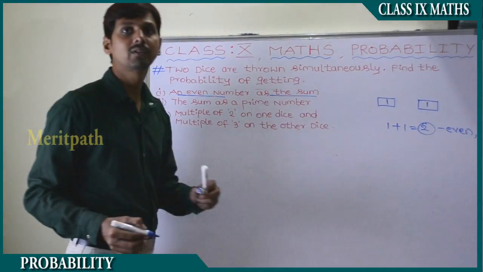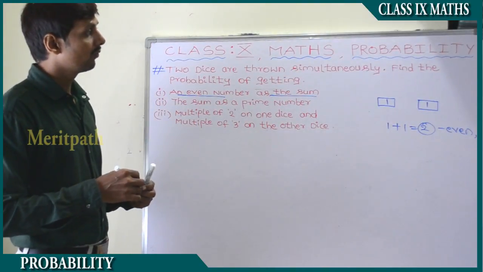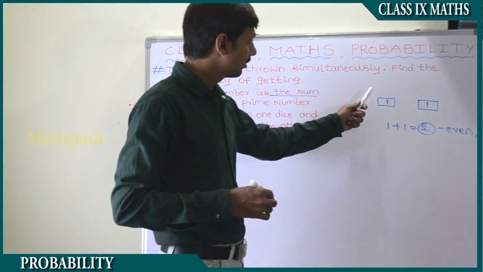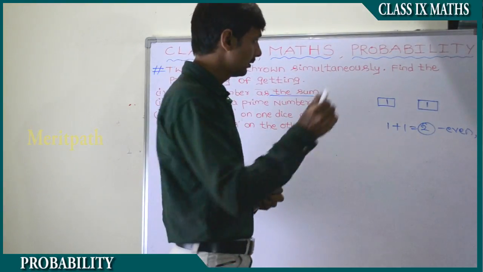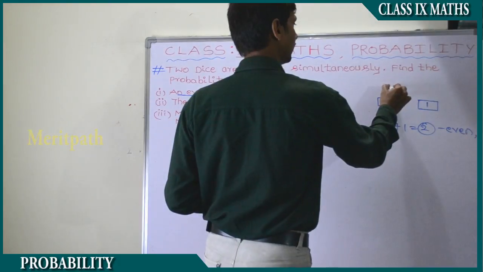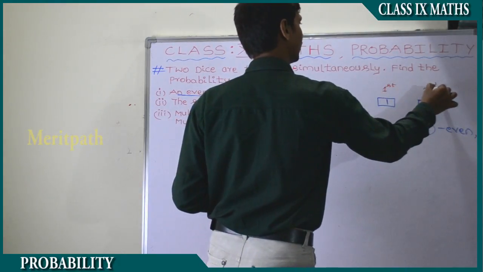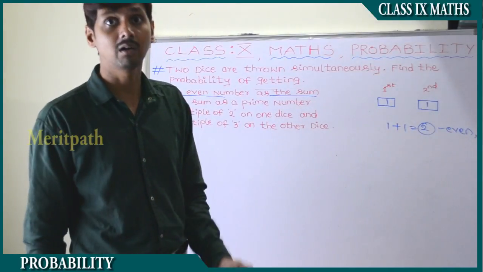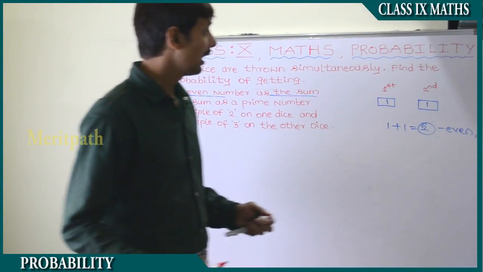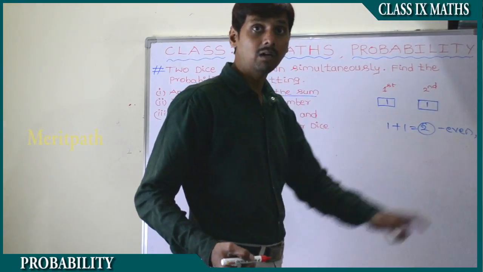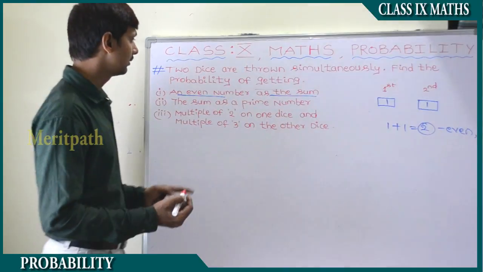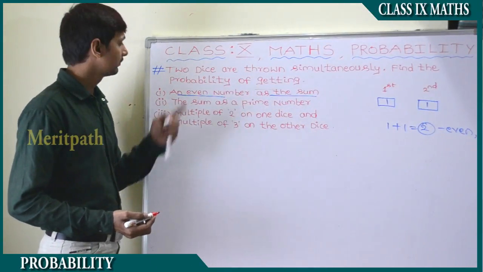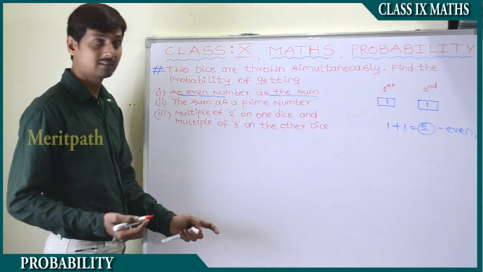So what we understood here is, when we throw the dice, the number on the first dice and the number on the second dice, if we add the two numbers and get an even number, that is an even number as a sum.